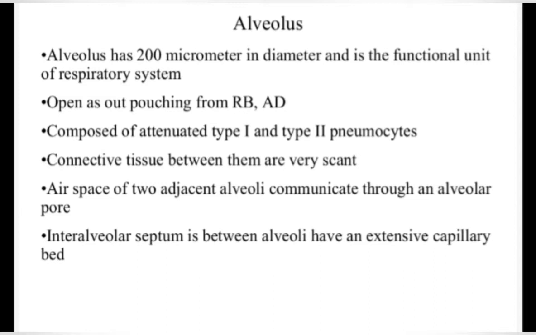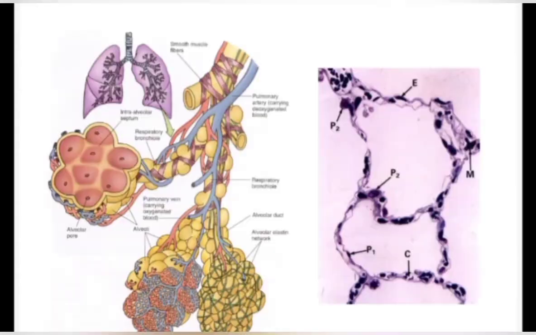Connective tissue between them is very scanty. The air spaces of two adjacent alveoli communicate through an alveolar pore, and there is an interalveolar septum between the alveoli, which has an extensive capillary bed where the exchange of materials takes place.